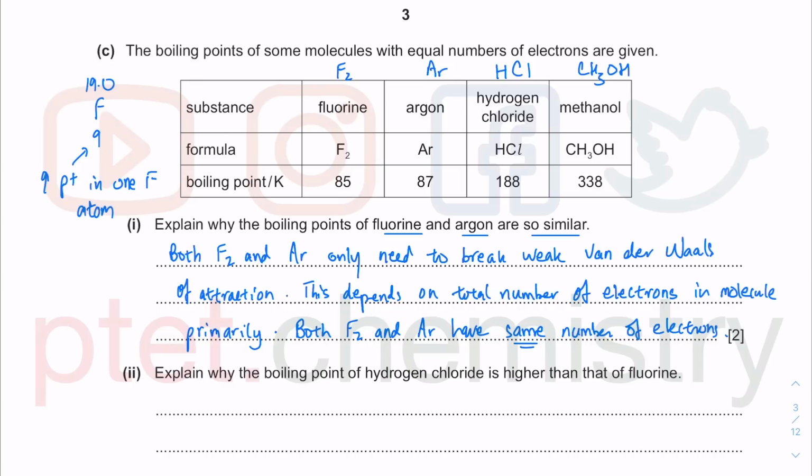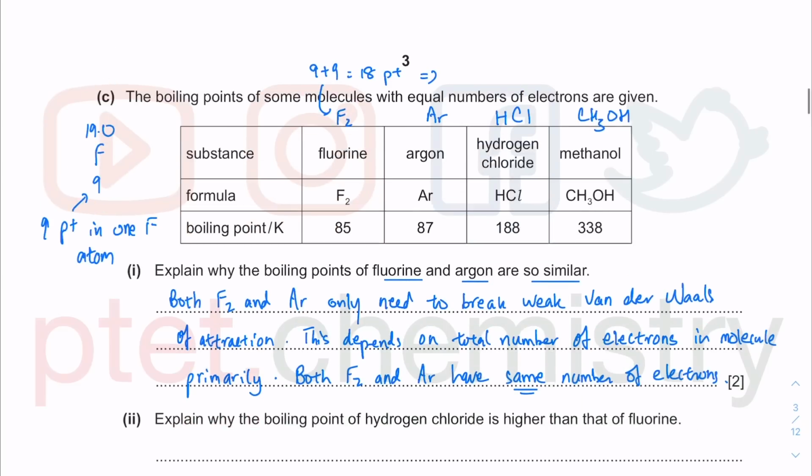And when you have 2 fluorine atoms, how many electrons do you have altogether? You will have 18 protons, and you are a molecule with no charge, therefore you have 18 electrons. So you have 9 plus 9, which is 18 protons. But because the molecule has no charge, therefore you will also have 18 electrons. Since the molecule is uncharged.